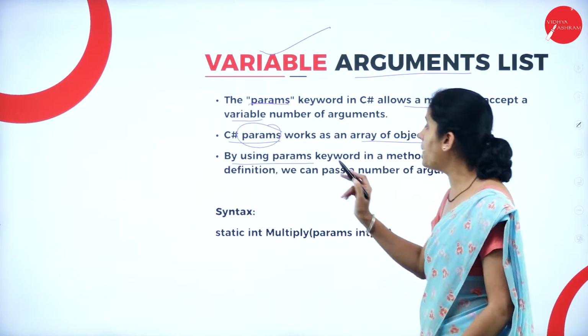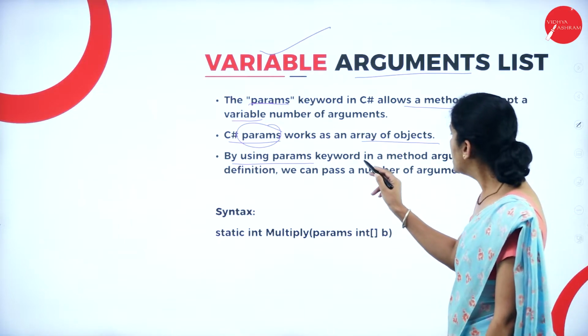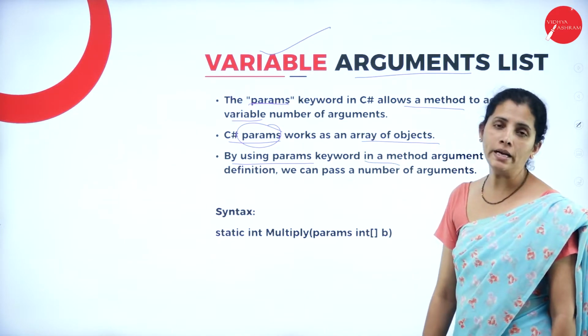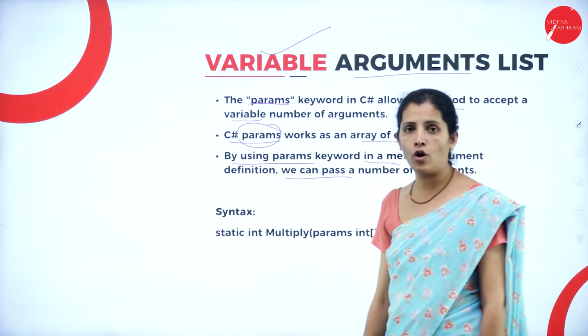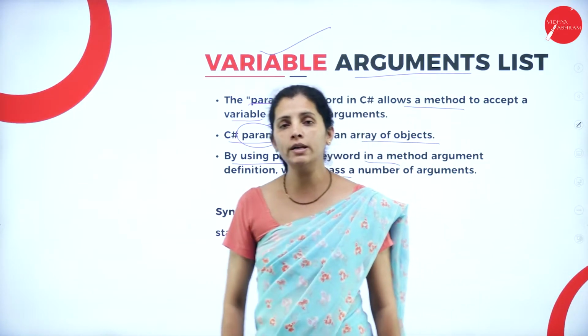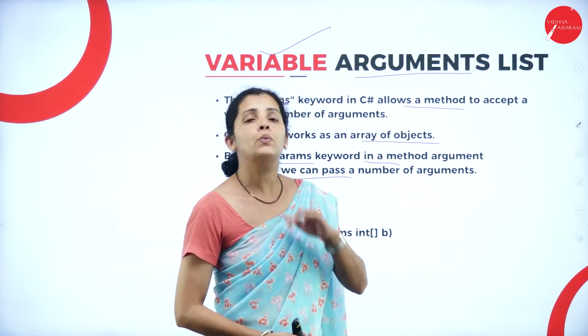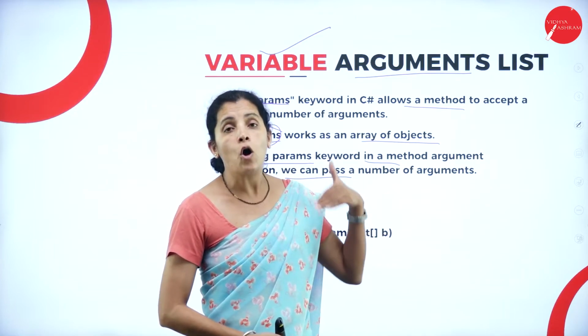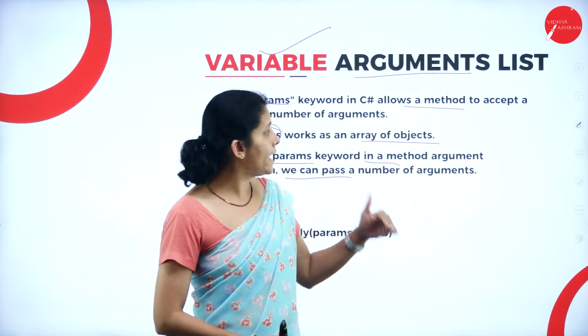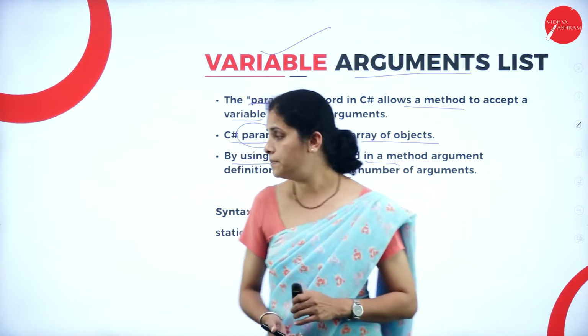By using the params keyword in a method argument definition, we can pass any number of arguments. So dear student, when I want to pass a variable number of arguments of type array of objects, then I'm going to use params.